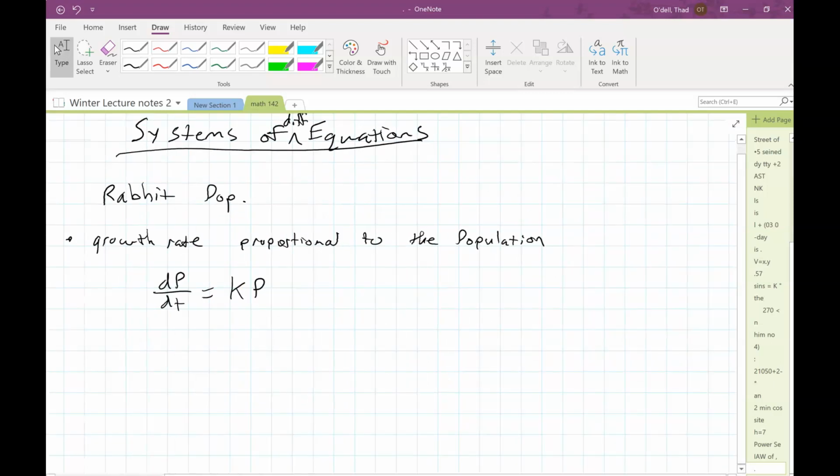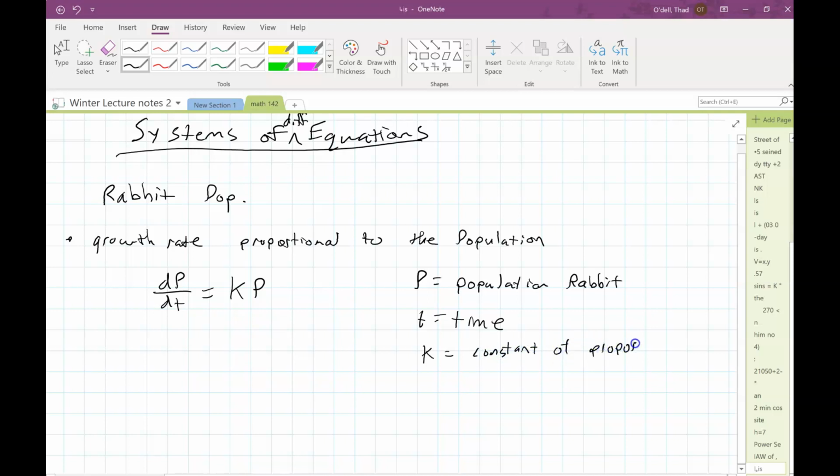Our variables in there would be: P is equal to the population of rabbits, that would be the dependent variable; t would be equal to time, that's the independent variable; and k would be a parameter that is the constant of proportionality.